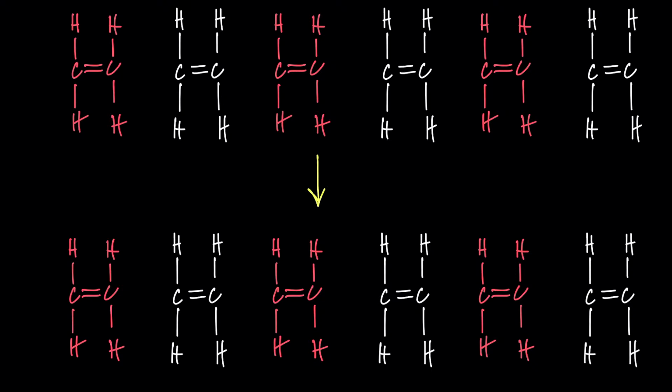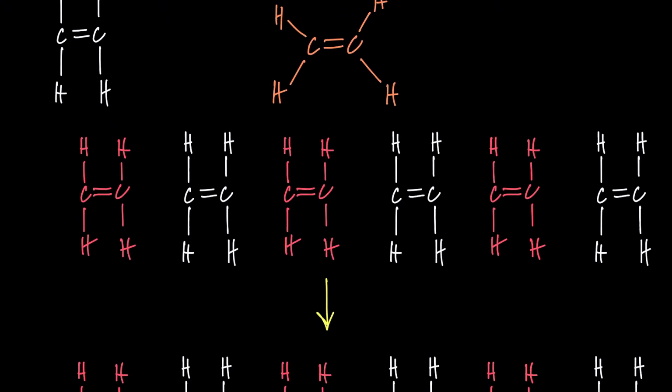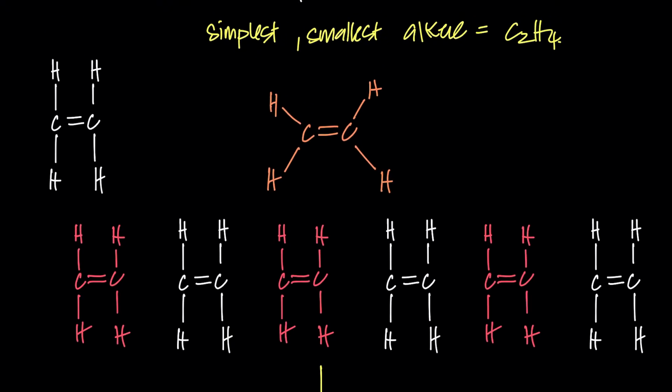Remember, an addition reaction is what? If I scroll back up to the simplest alkene, you remember when these would undergo addition reactions, the double bond, one bond breaks, and you get 2 new bonds, one here, one there.